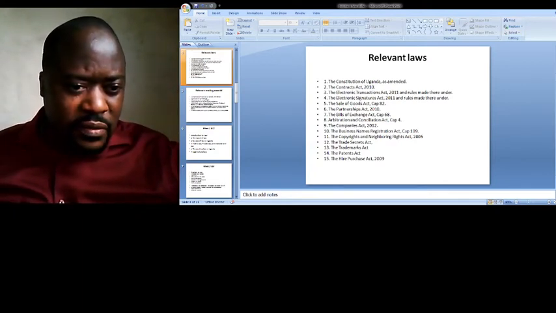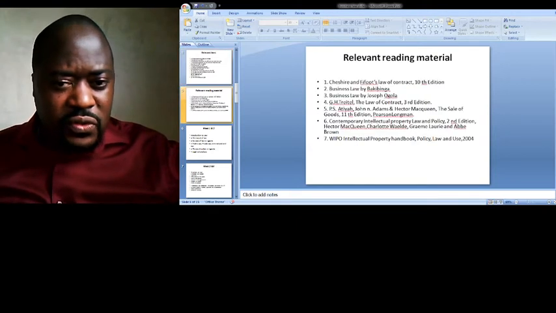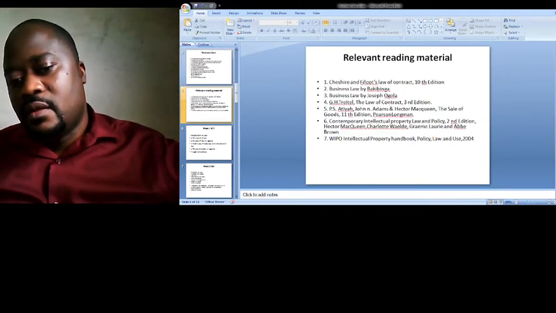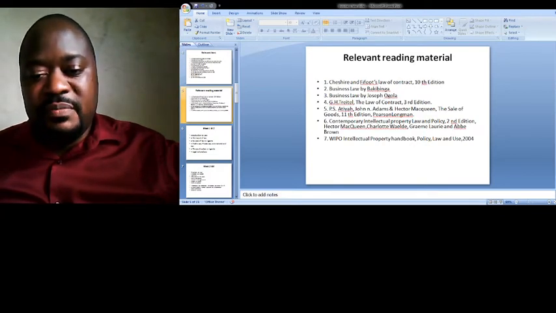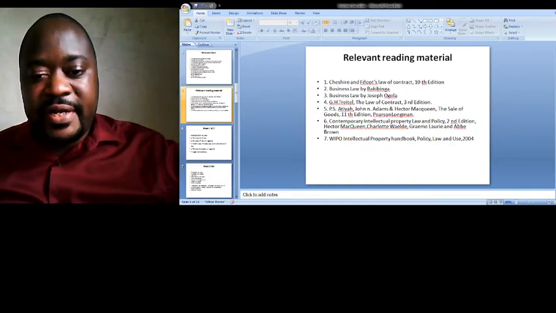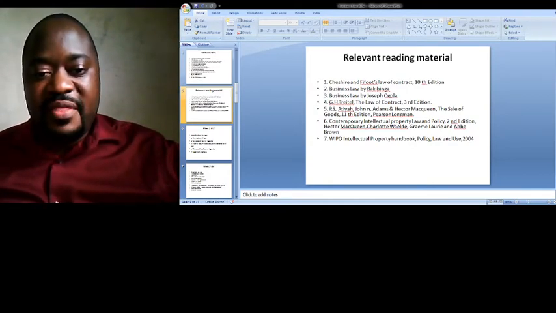Now, there is also relevant reading material. Of course, you are not going to only limit yourselves to the notes which I'll be sending you or which I've already downloaded on our e-learning platform, but there are other relevant reading material which you can get in the libraries.